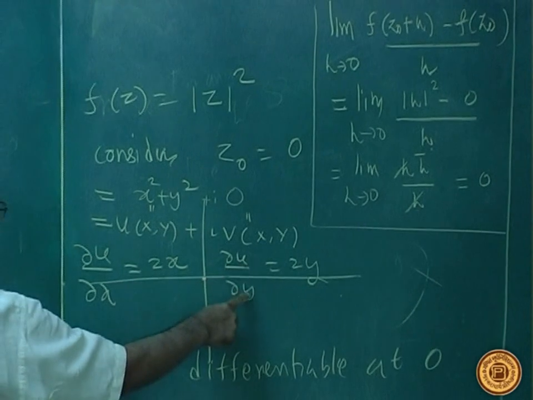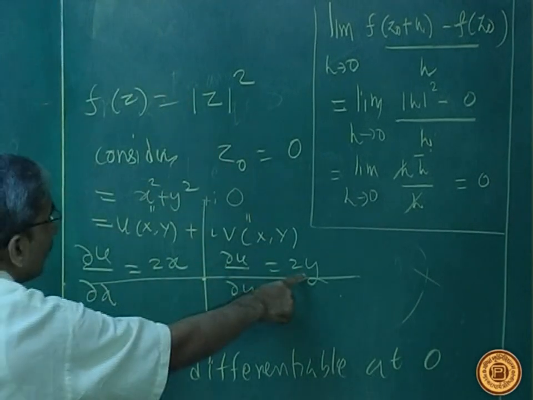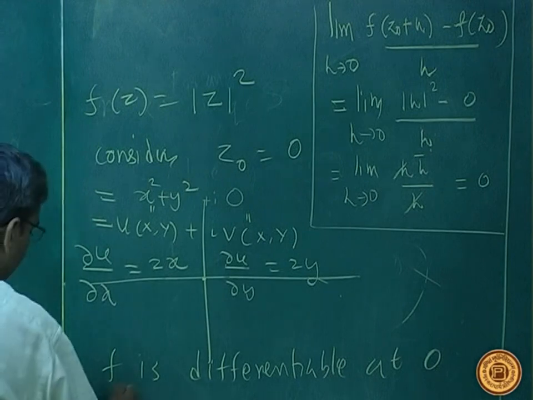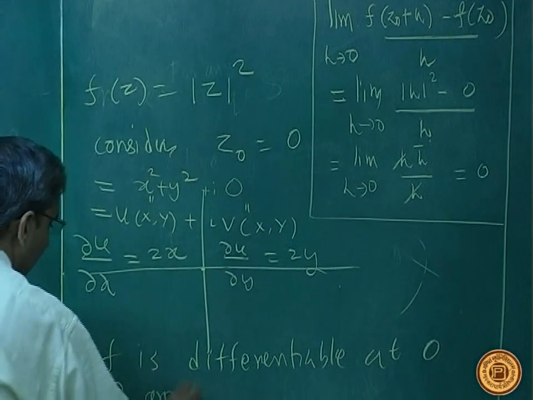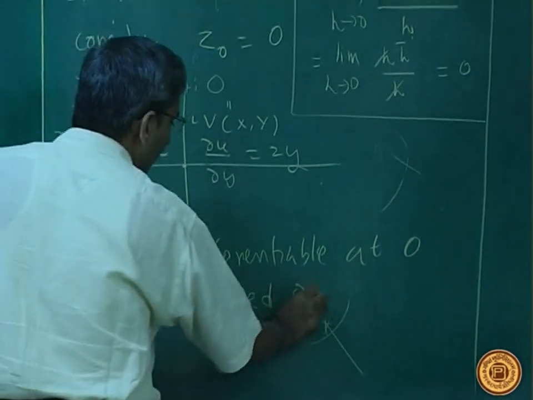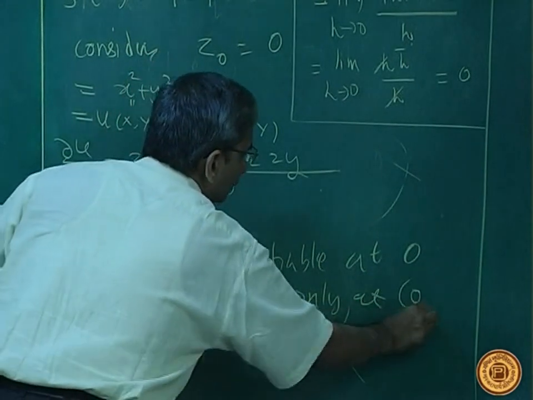For dou u by dou y, I want minus dou v by dou x, so 2y is also required to be 0. So, Cauchy-Riemann equations are satisfied only at the point (0, 0). You observe this, they are satisfied only at (0, 0).